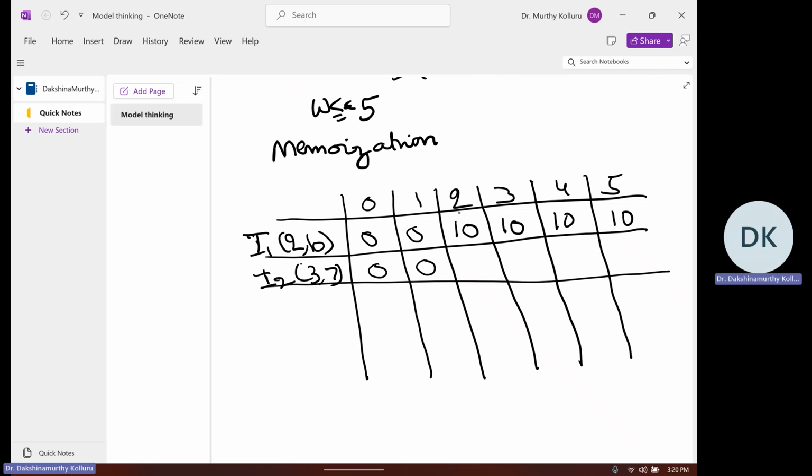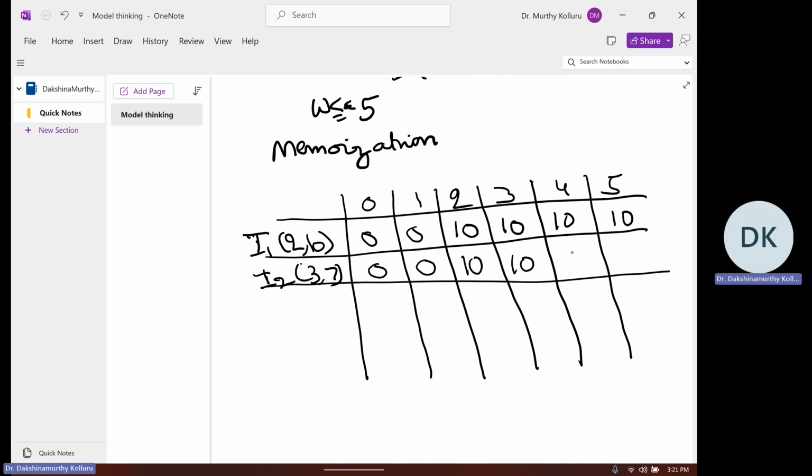If I'm allowed 2 kgs, if I include it, no, I can't take it. If I don't include it, this is the best. With 3, I can include it and get a value of 7. If I don't include it, the best that can happen is 10.